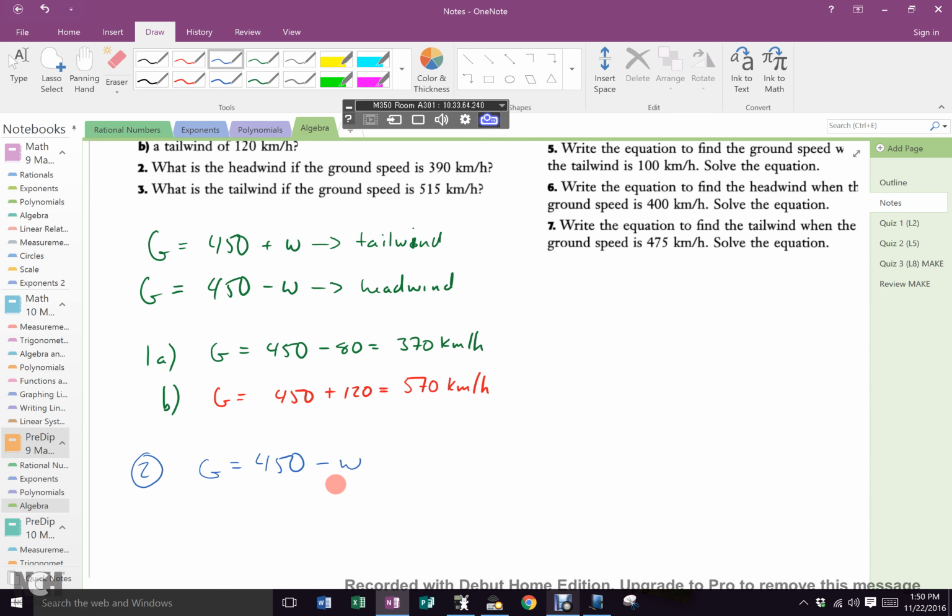For G. 390 equals 450 minus W. So solve it. And then do the next up to 7.